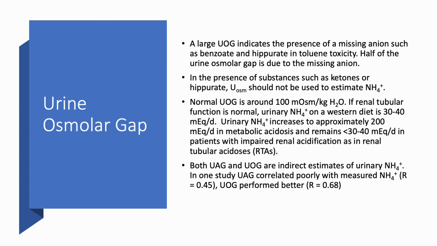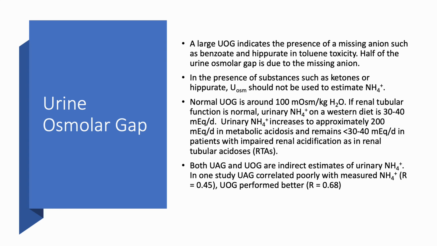If I'm suspecting toluene toxicity, someone comes in and initially they have an anion gap metabolic acidosis that turns into non-anion gap metabolic acidosis. They have problems with their mental status. They're not admitting to sniffing glue. I calculate urine osmolar gap, and when it's elevated, it's really very useful.